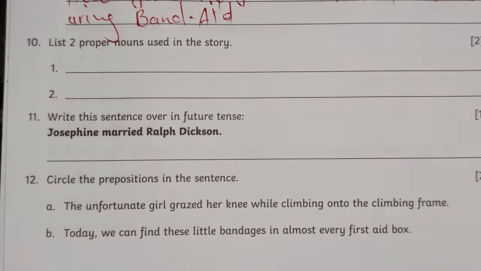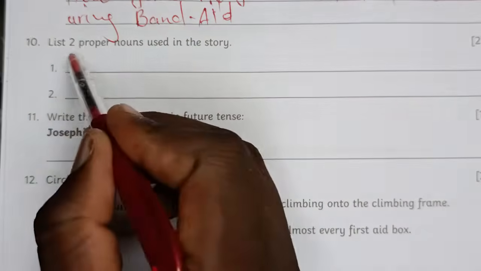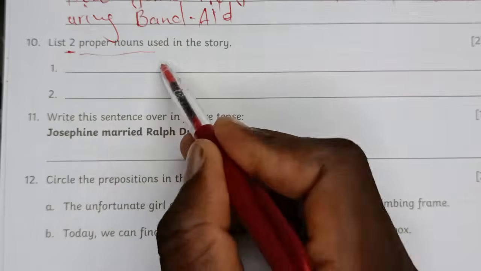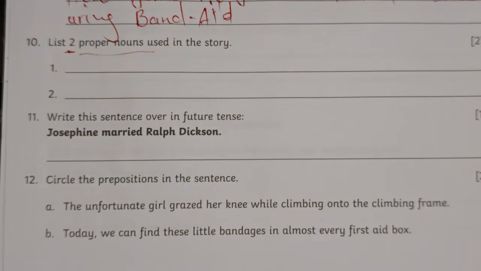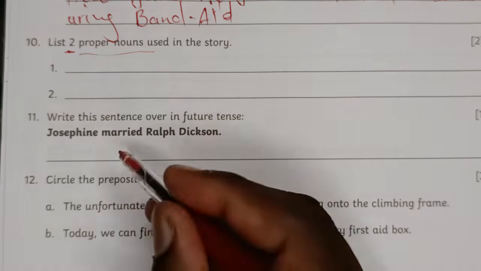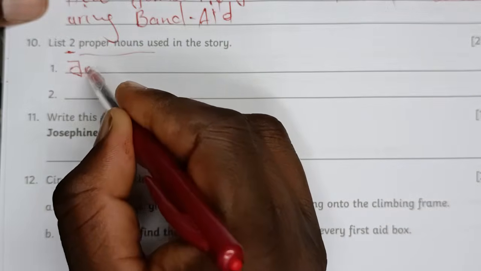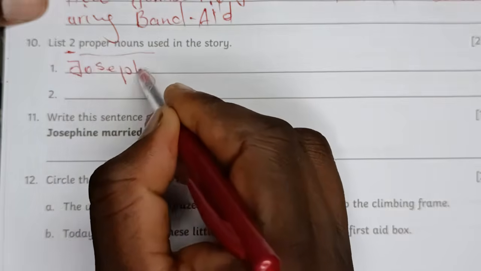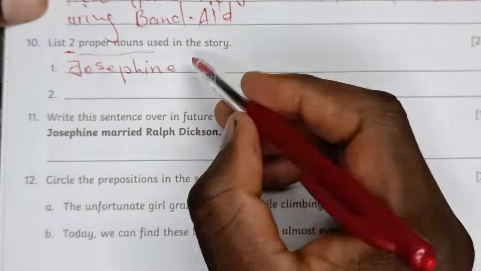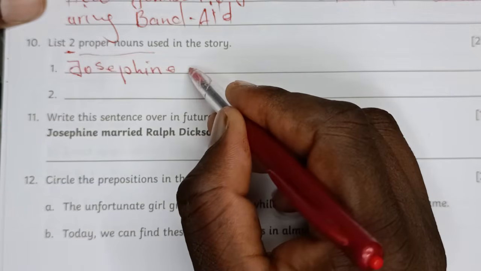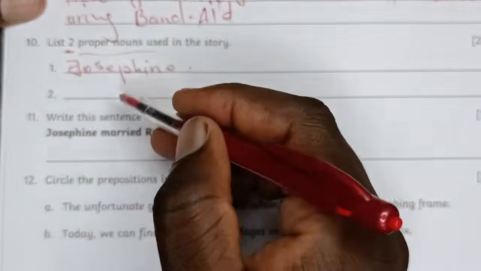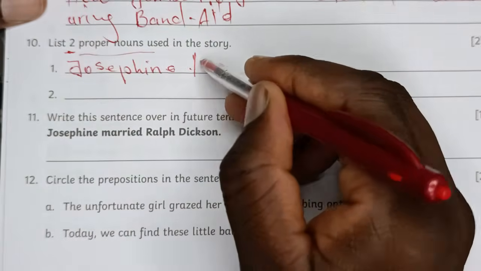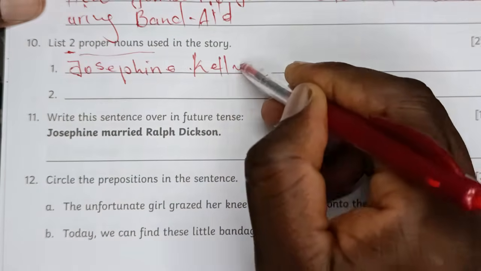All right, question 10. Question 10 says, list 2 proper nouns used in the story. Give us 2 proper nouns that were listed in the story. The first name that we hear is Josephine. So a name of people and things are proper nouns. Josephine is the first one. Even Kelly is a proper noun.